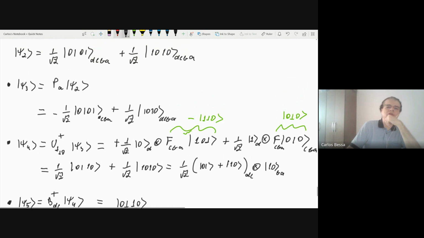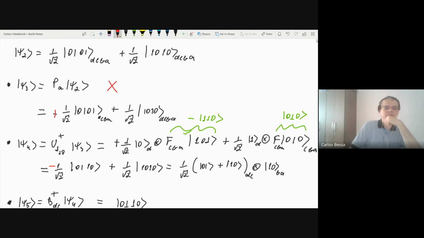But if we don't do this third step, then psi 3 should be just psi 2. So this is positive, we don't have this minus, and the minus here will leave the first term negative. So when we apply this predicate, this guy that's positive becomes negative.